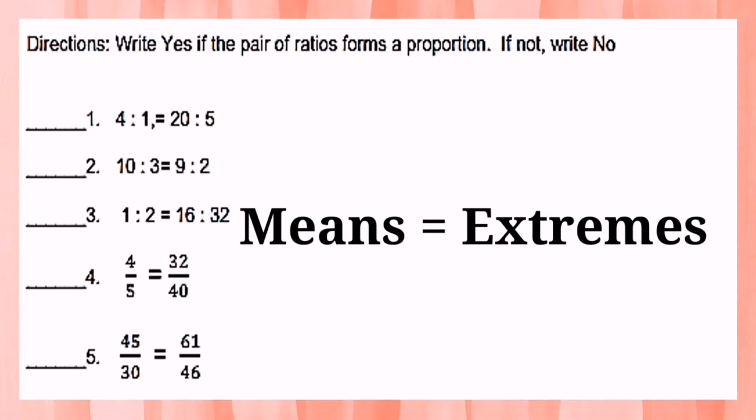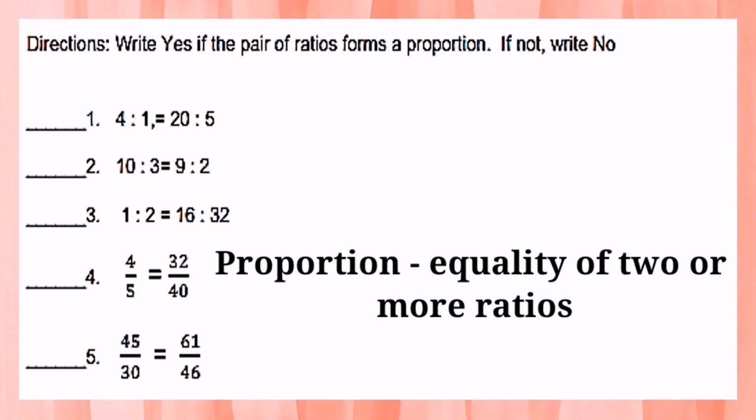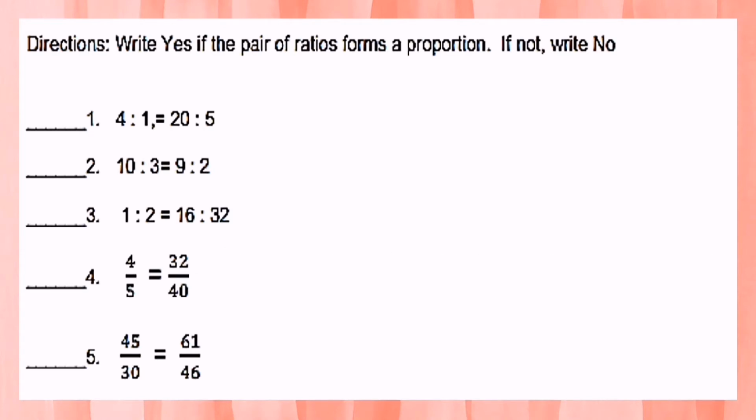Sabi nga natin, proportion means it is the equality of two ratios. So kailangan mag-equal yung means and extremes ng ratio para masabi natin itong proportion. So sa number 1, kailangan i-multiply muna natin si means and extremes.